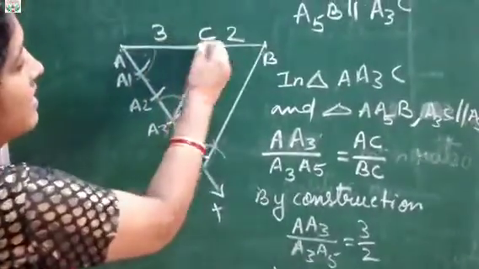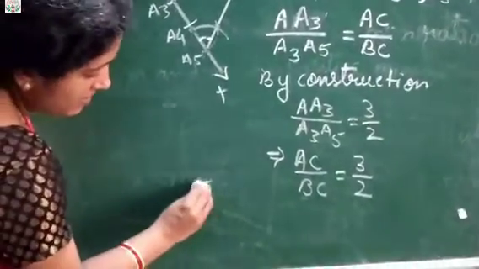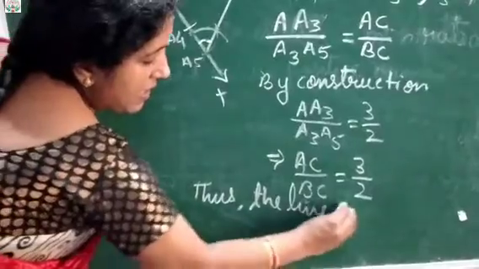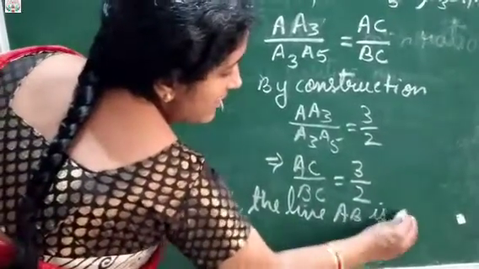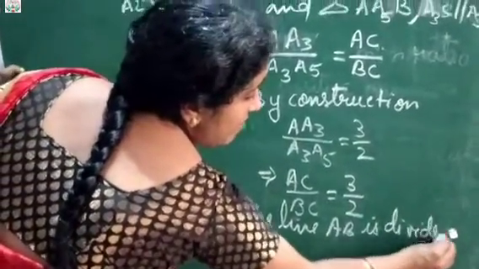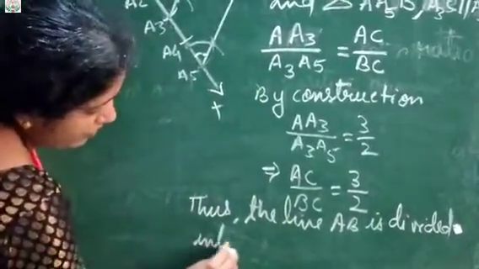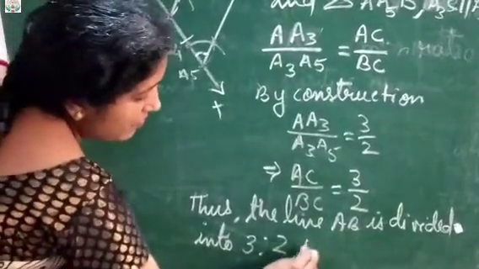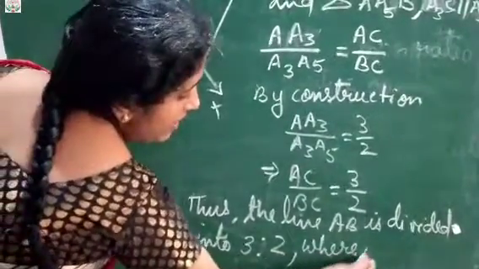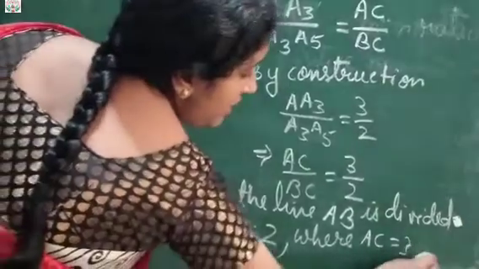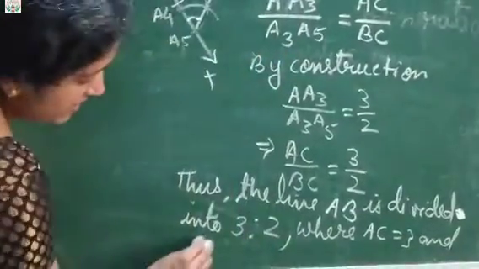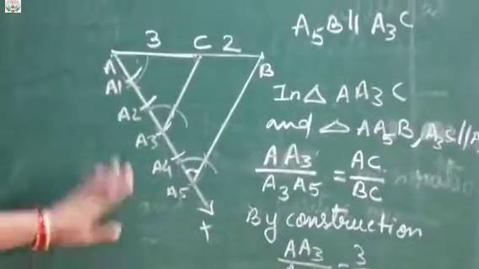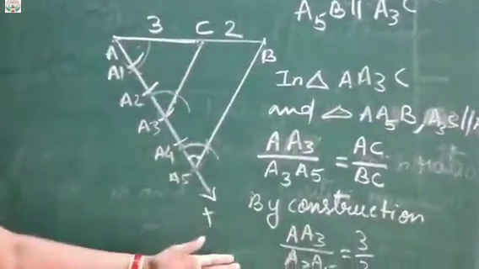That means this line AB is divided into 3:2 ratio, where AC equals 3 and BC equals 2. So likewise you have to do the construction part.